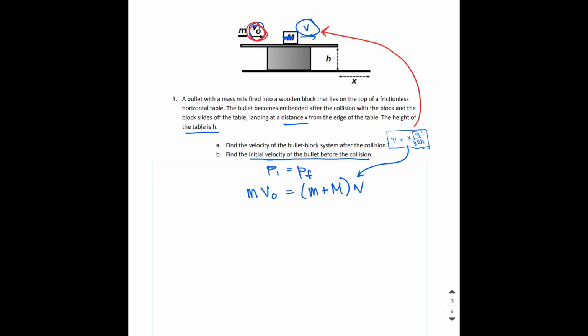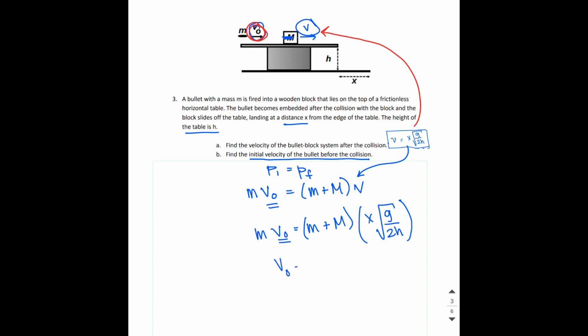So I'm going to solve for this v naught, and let me plug in my velocity from part A first. So I get x times the square root of g over 2h, and I'm going to isolate this V naught here, and then from there I am going to simply divide the m over.